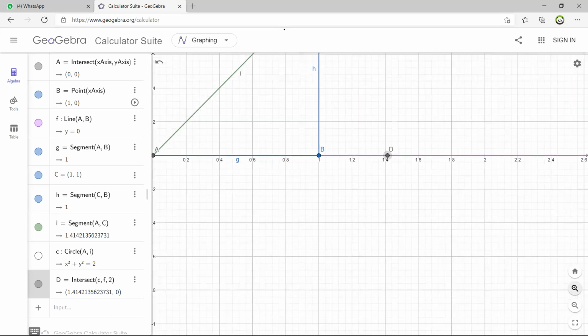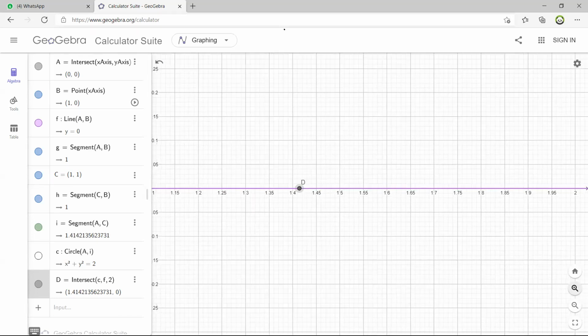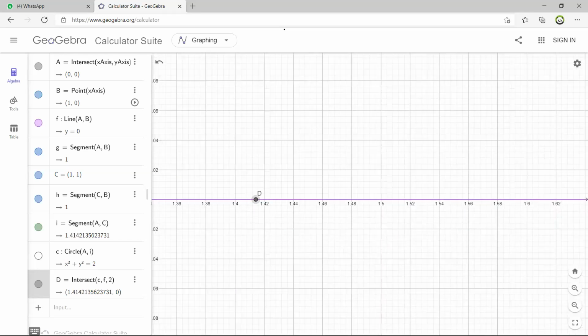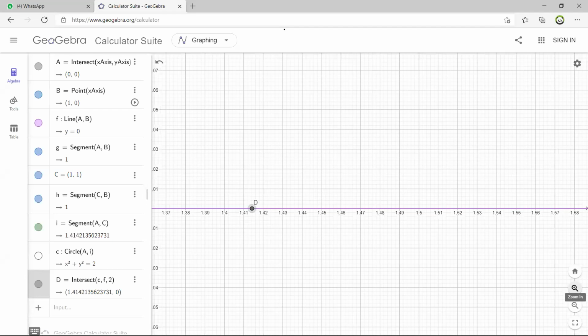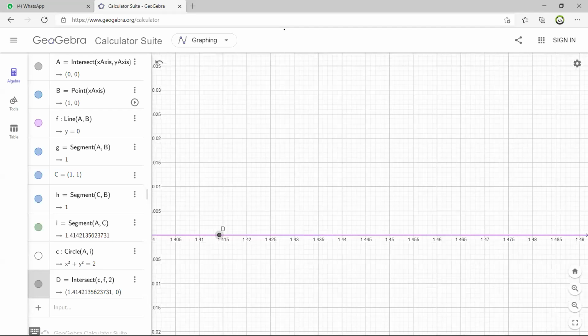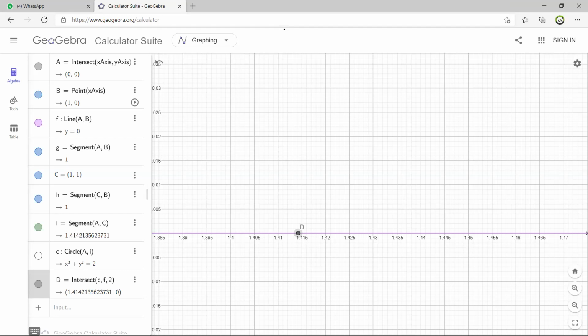So I will keep on zooming. And then I see it's close to 1.41. It's between 1.41 and 1.415. So that means it is just a little lesser than 1.415.